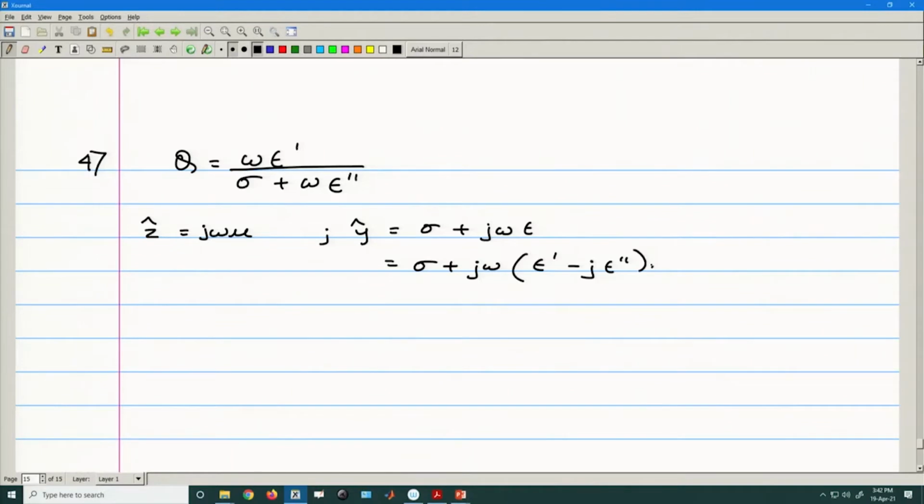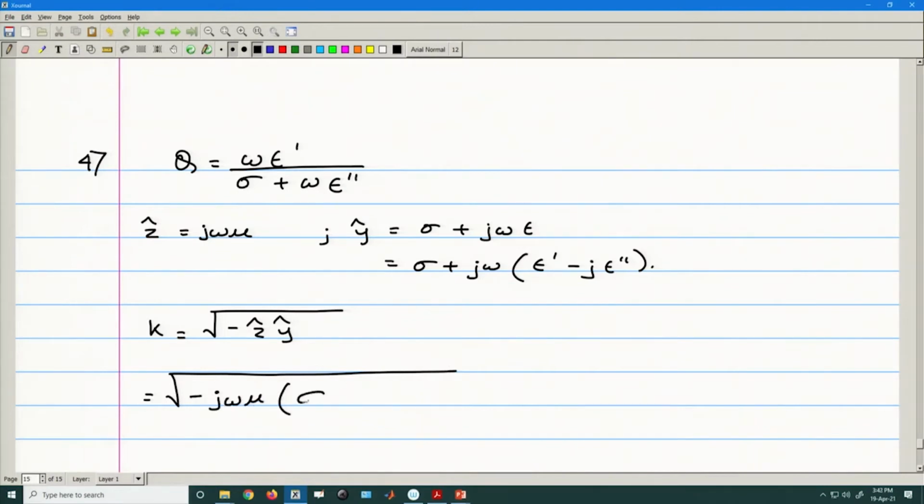Fine. So, first we will start with finding out k. So, k can be written as root under of minus z cap multiplied by y cap. So, we will substitute this z and y and we will get minus of j omega mu into sigma plus j omega, in place of epsilon we are writing epsilon prime minus j epsilon double prime.